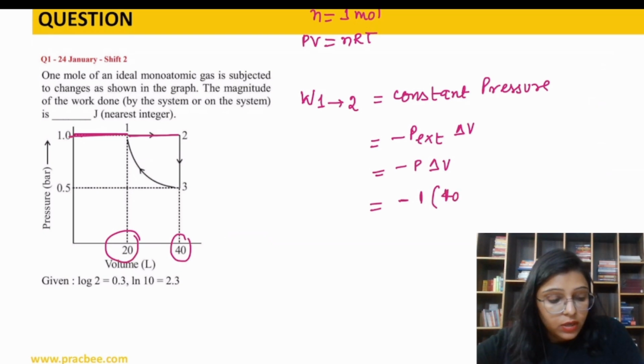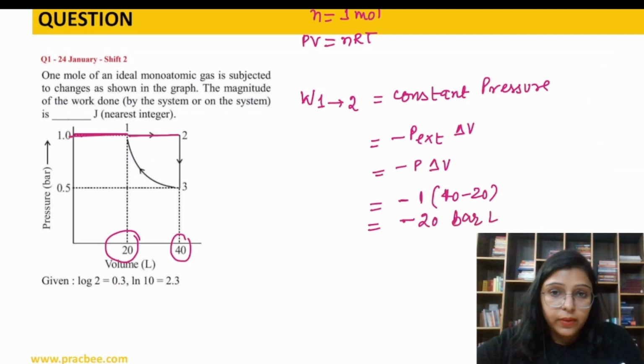So we can say 40 minus 20, which is equal to minus 20 bar liter.